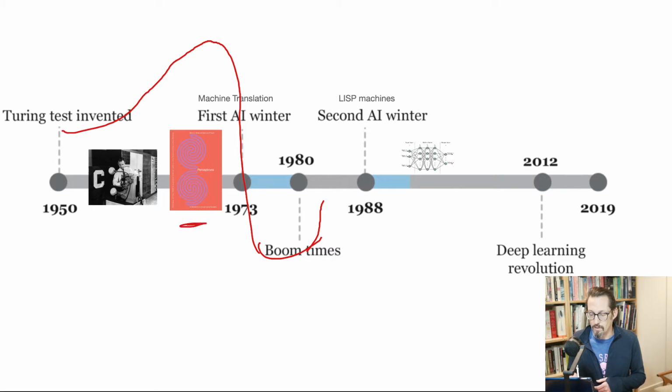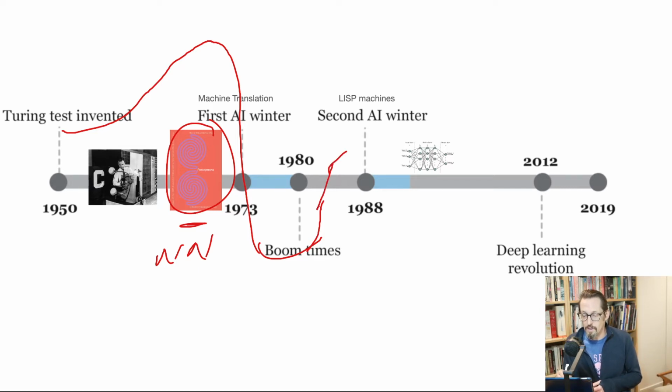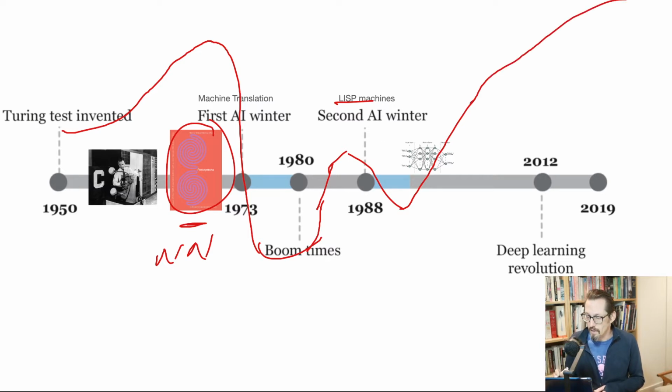The neural networks that were coming out basically got shut down by this famous book by Minsky and Papert, which showed their limitations at the time. And then in the 80s and 90s, we started to get some new stuff happening. This was Lisp machines, and then a crash, and then a new takeoff of neural networks in the 90s. And it's been growing ever since, with lots of dollars and work involved.